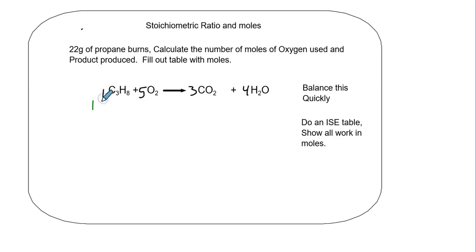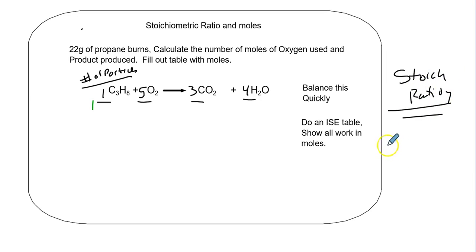So this 1 and the 5 and the 3 and the 4 represent number of particles. It doesn't represent mass. So the thing I can't use my stoich ratio with, the stuff I just did, is that it's not a ratio of mass.